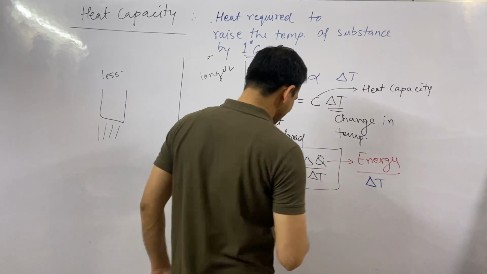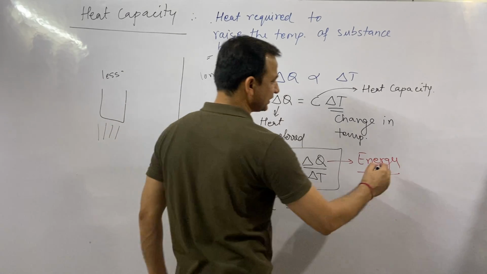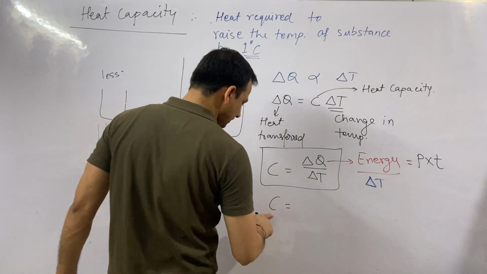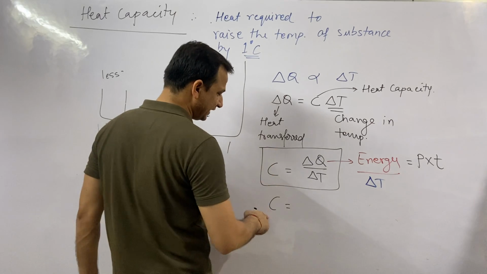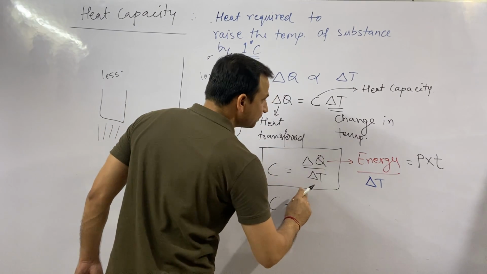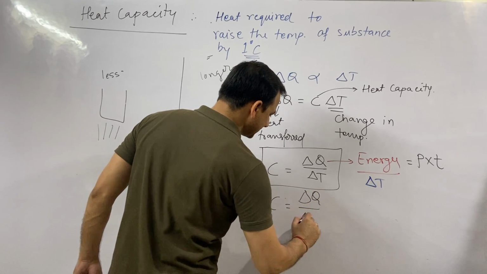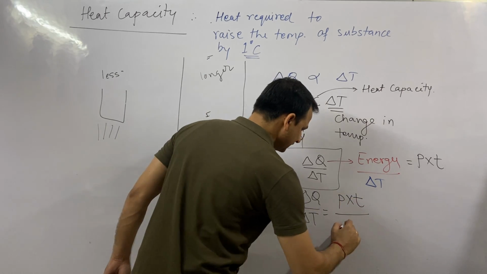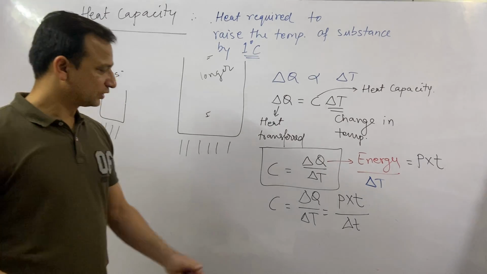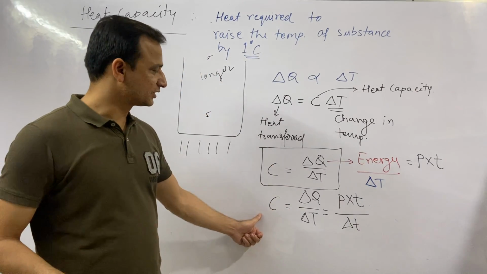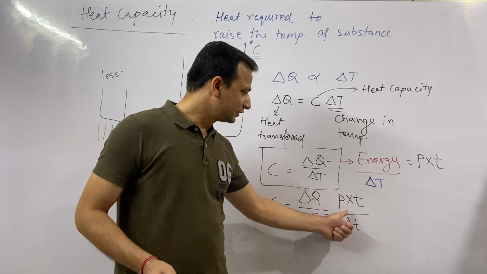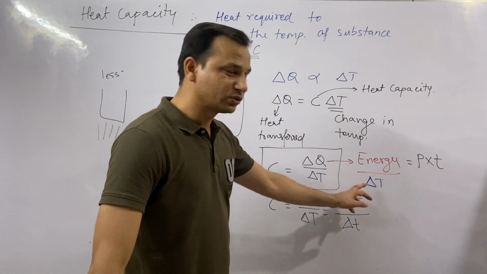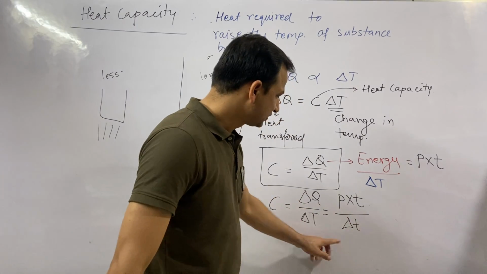So to find the heat capacity, because you know energy is equal to power into time, I can write C is equal to delta Q by delta T as P into t by delta T. So you can use the power of the heater, the thing which is heating the substance, into the time for which it is heated, divided by the change in temperature.